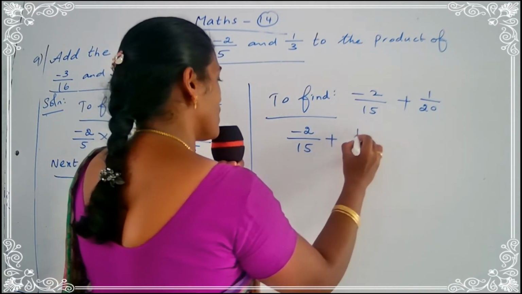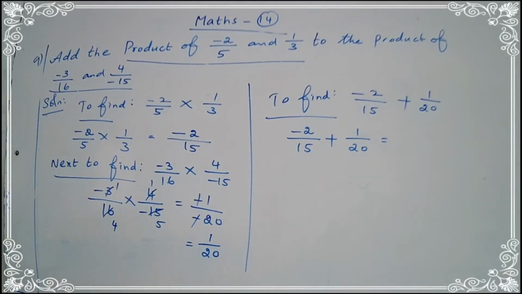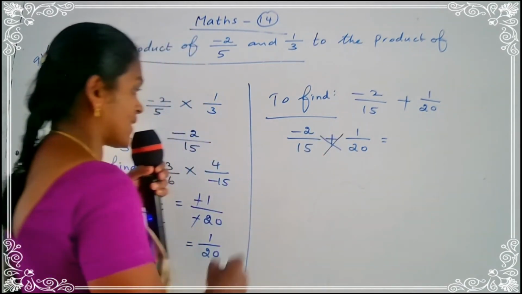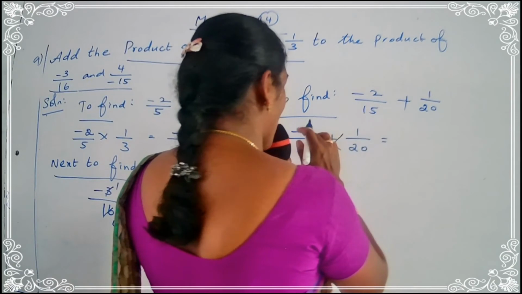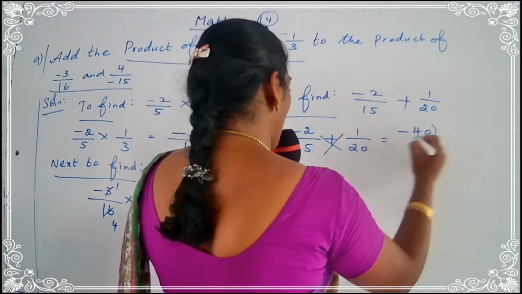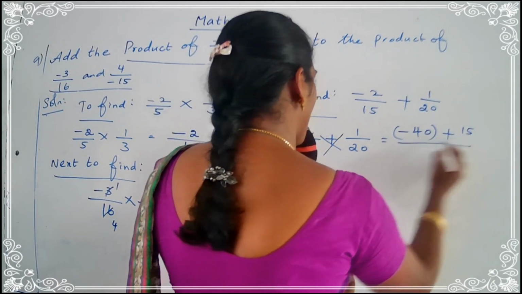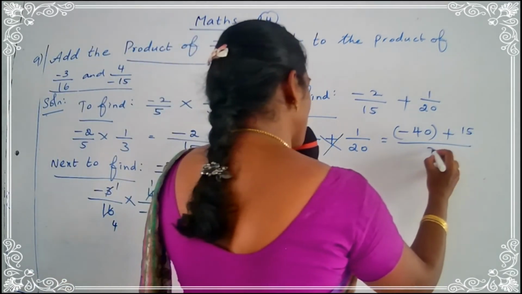You see that in the addition the denominators have different numbers. So that's why we follow the cross multiplication method. Okay children, so minus 2 into 20, minus 40, plus 15, upon 15 twos are 300.